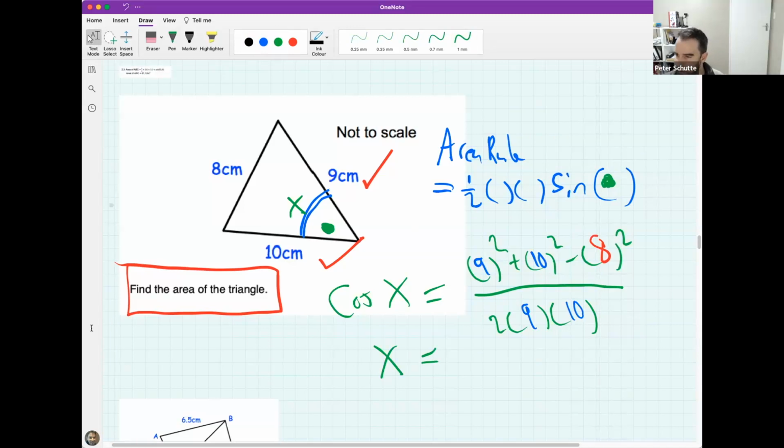That is the question. Or have you guys moved on already? What is the angle? Well, let me use my calculator so I can catch up here. So 9 squared plus.